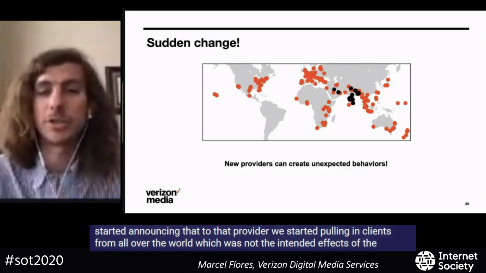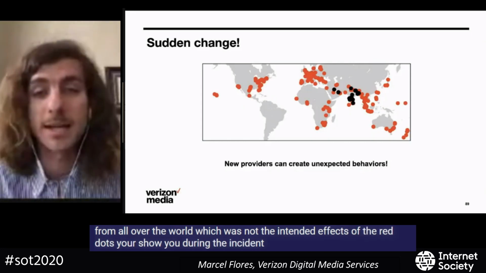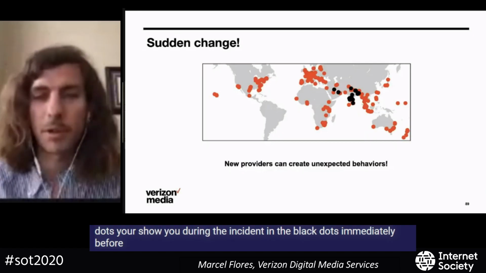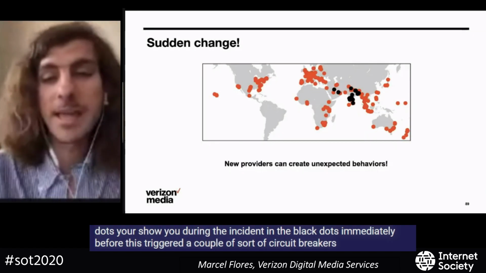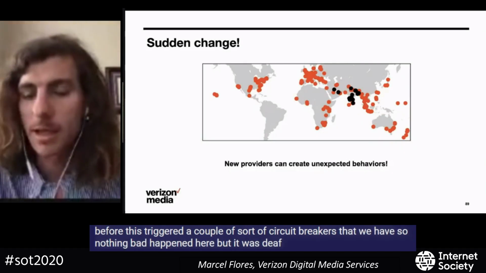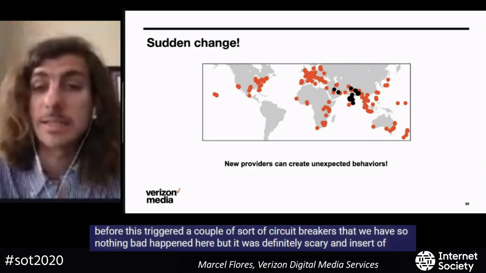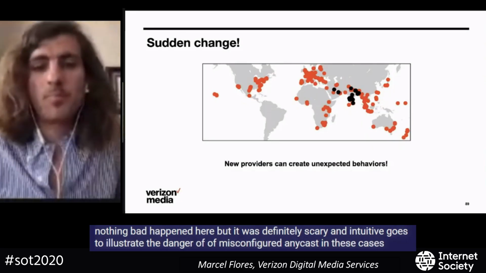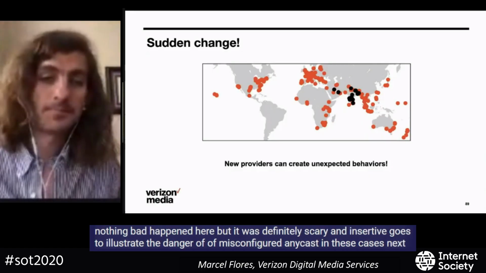So the red dots here show you during the incident and the black dots immediately before. Now, luckily, this triggered a couple of circuit breakers that we have. So nothing bad happened here, but it was definitely scary and goes to illustrate the danger of misconfigured Anycast in these cases.